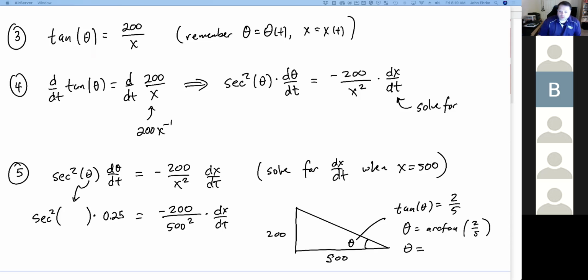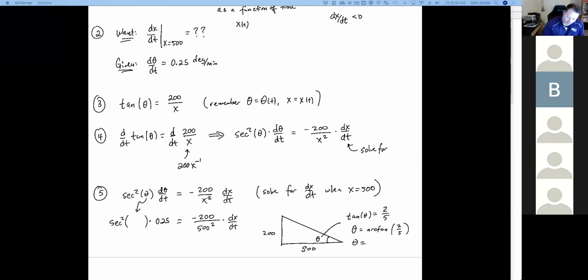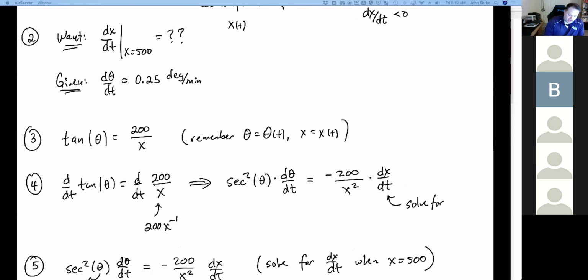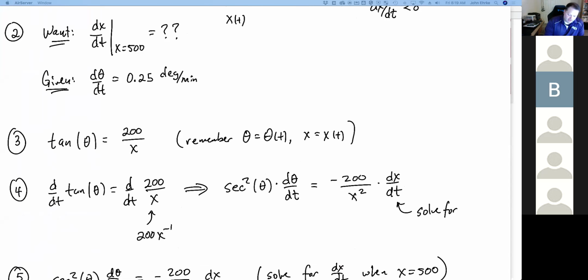Oh, your professor messed up on something. I forgot an important point here. When you deal with angles, and I think I mentioned this in the video on Wednesday, when you deal with angles in this course and the derivatives, you need to always represent them in radians.